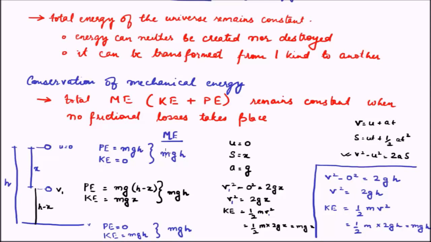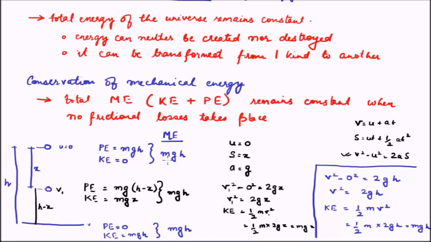From this we can safely say that if there is no friction present, then the total mechanical energy of a freely falling body will remain constant. That is, the conservation of mechanical energy is upheld here. There has to be no frictional losses.